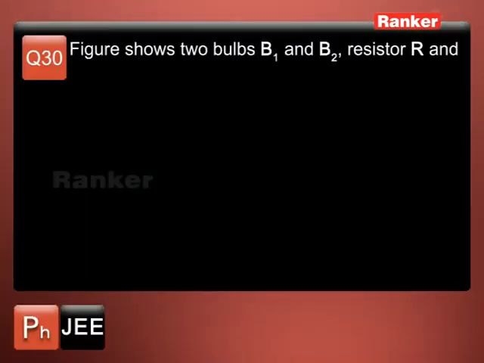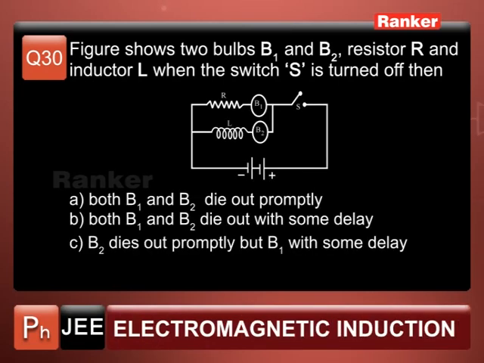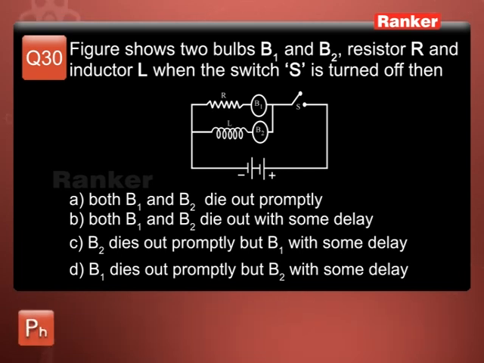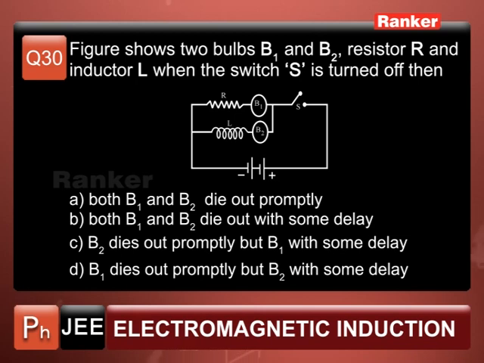That is problem number 30. The figure shows two bulbs B1 and B2, a resistor R and an inductor L. When the switch S is turned off, he is asking you 4 options. First option: both B1 and B2 die out promptly.